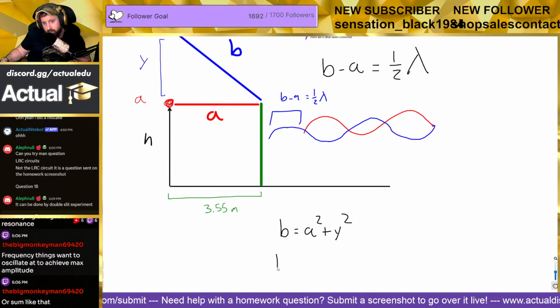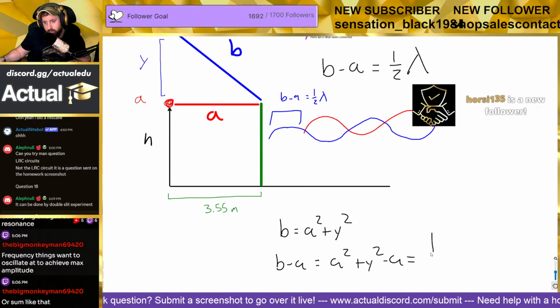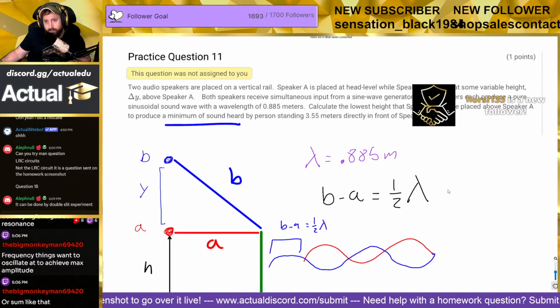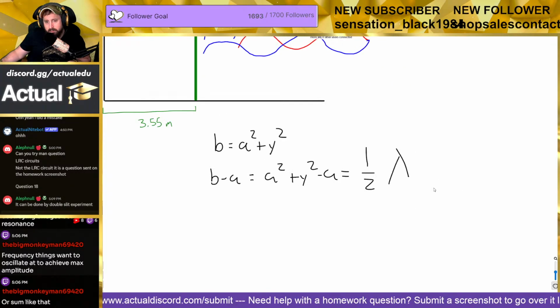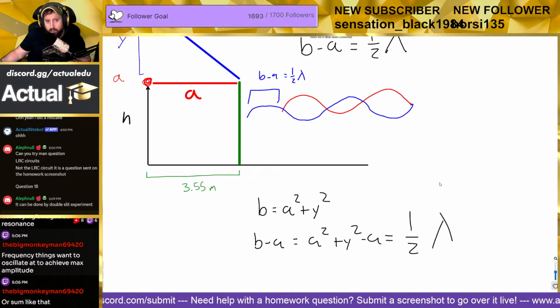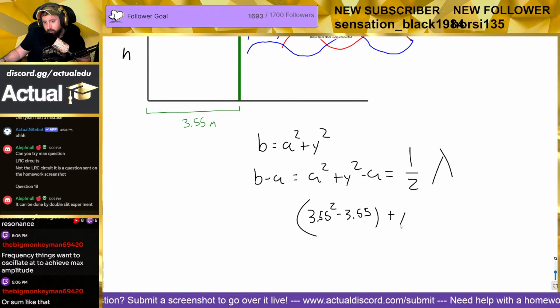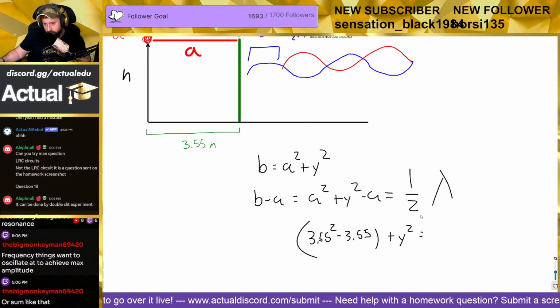So B minus A is going to equal the square root of A squared plus Y squared, minus A. We want this to equal 1/2 lambda, right? So we're solving for Y. I know what A is, 3.55, so the square root of 3.55 squared plus Y squared, minus 3.55, is equal to 0.885 over 2.